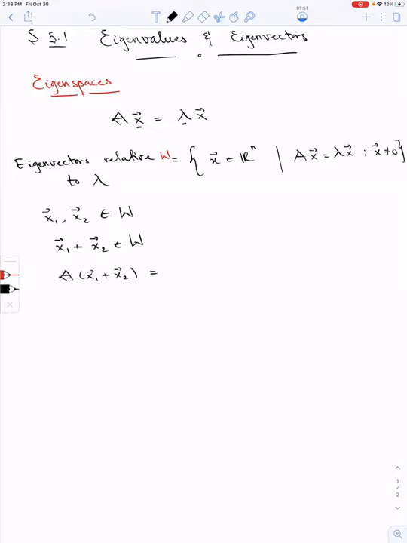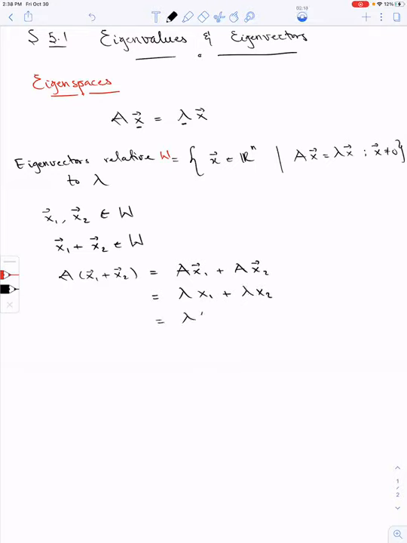Because multiplication is distributive for matrices, we can write this as Ax1 + Ax2. Because x1 and x2 are both eigenvectors, I can write this as lambda x1 + lambda x2.